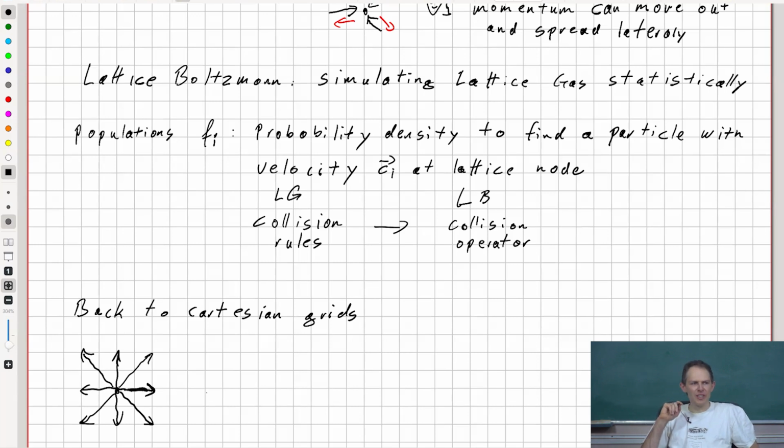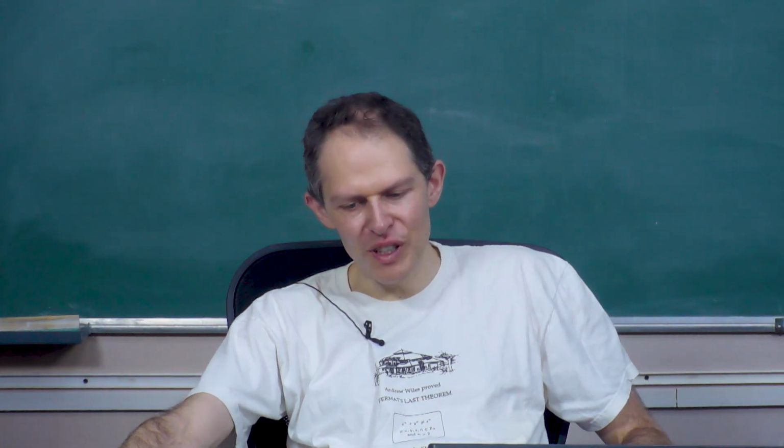Then it works, but then it does not work for lattice gas, because now we have velocities of different lengths, so we have to give them different weights. So it's no longer possible that these can only ever be occupied with one particle.